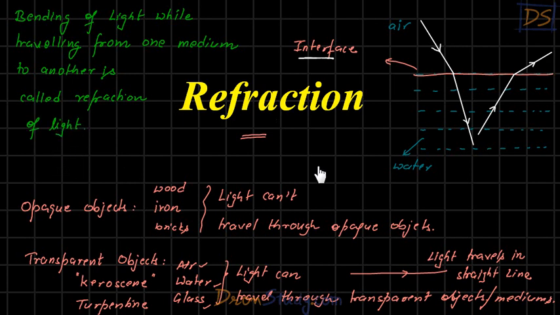Okay, students. So this phenomenon of bending of light when it comes from one medium to another is called refraction of light. So this is the thing which we are going to study about in this chapter in great detail.